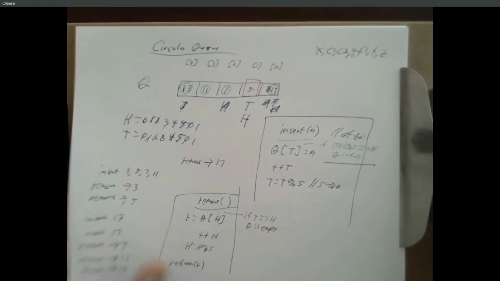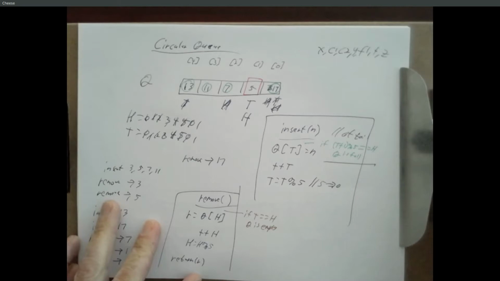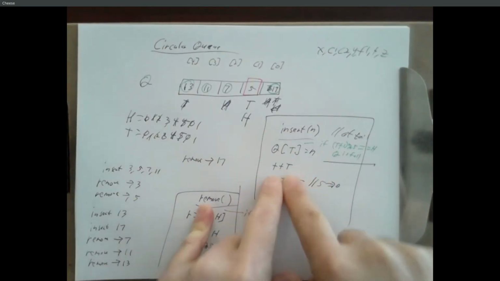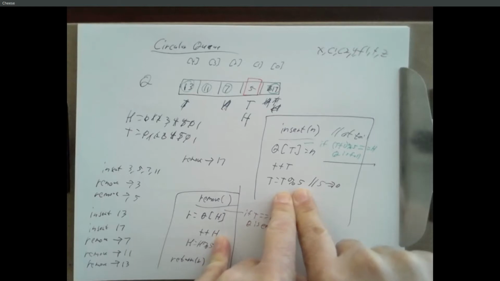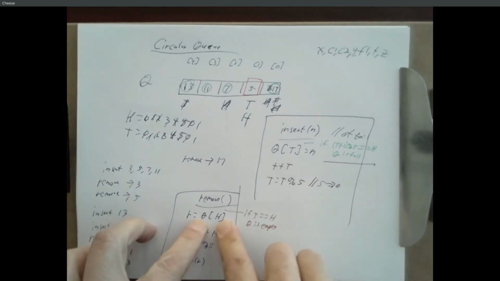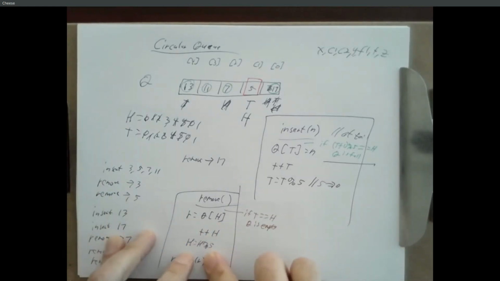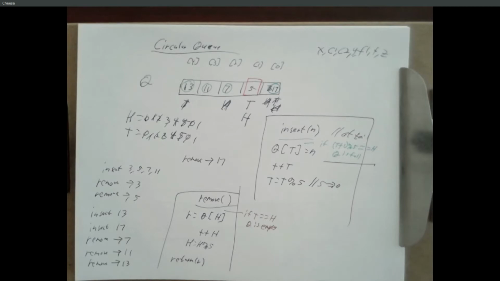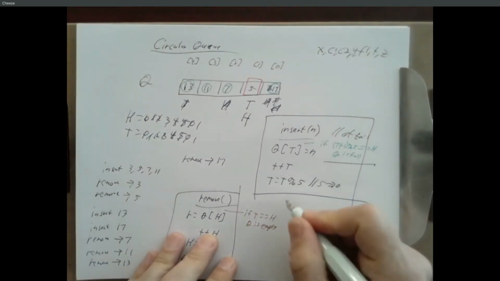But code-wise, the code is pretty straightforward. Insert: store at position T, increment T, roll it over modulo 5. Remove: pull it out from element H, increment H, roll it over modulo 5. And then we can actually write separate functions.